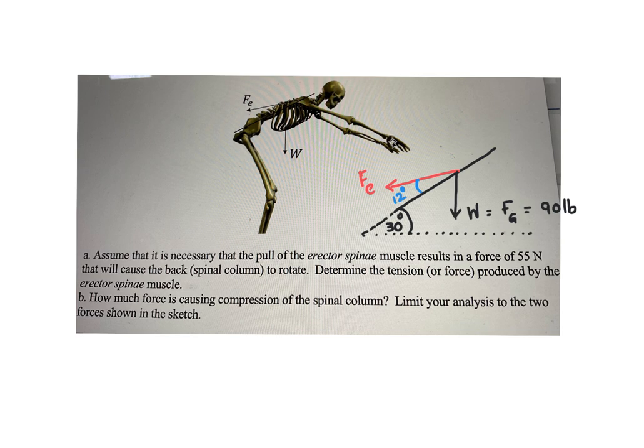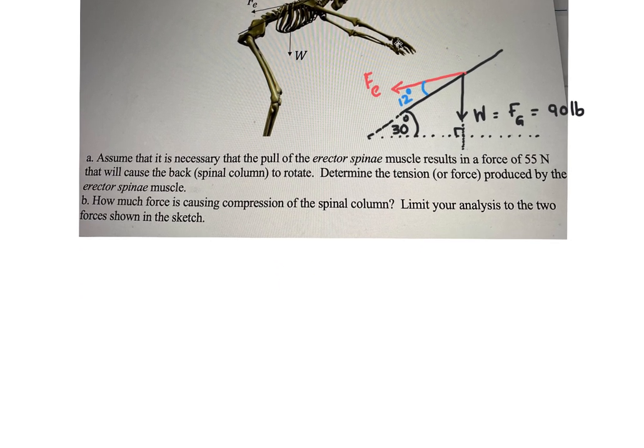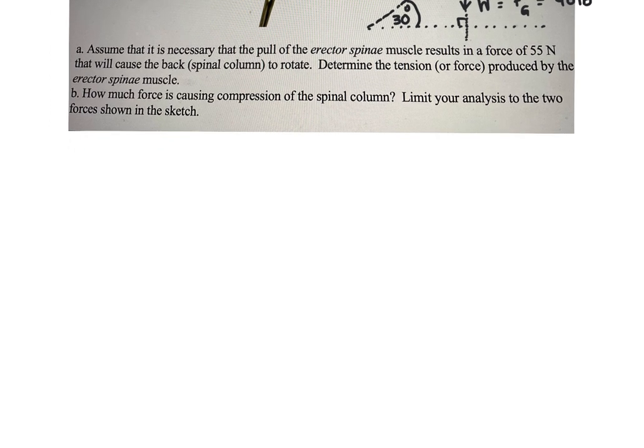To make our lives a little easier, I am drawing this line perpendicular to the horizontal line, because we know W is pointed downward along the negative y-axis, right? So this is what we have. Now I am going to redraw it quickly so that I can make my axes defined and mark the forces.